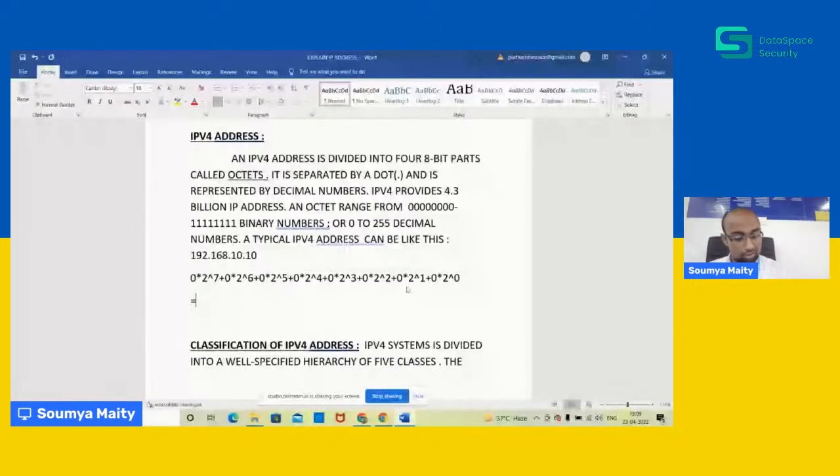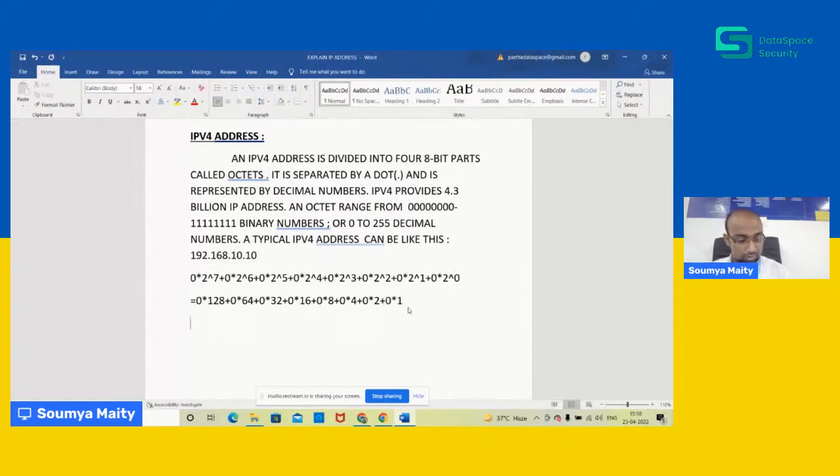The value of 2 to the power 7 is 128, plus 0 multiply 64, plus 0 multiply 32, plus 0 multiply 16, plus 0 multiply 8, plus 0 multiply 4, plus 0 multiply 2, plus the value of 2 to the power 0, which is 1, 0 multiply 1.